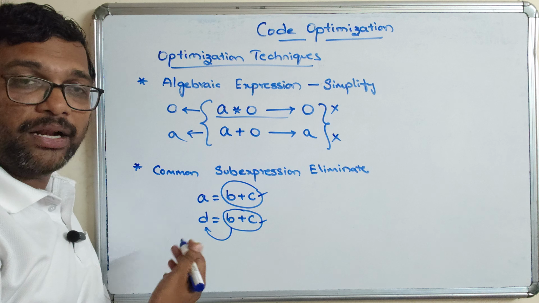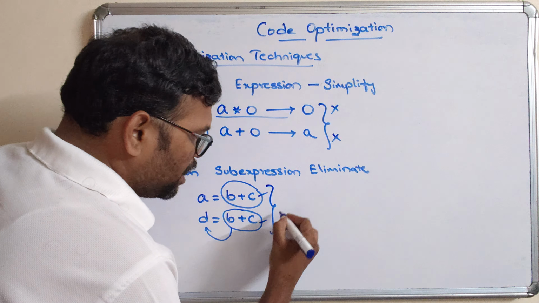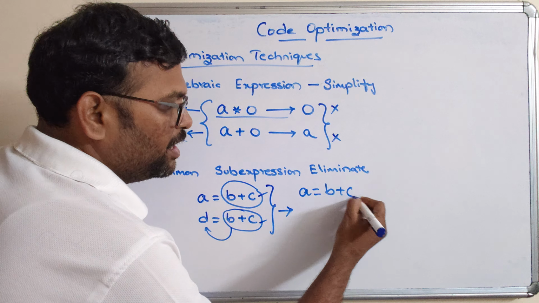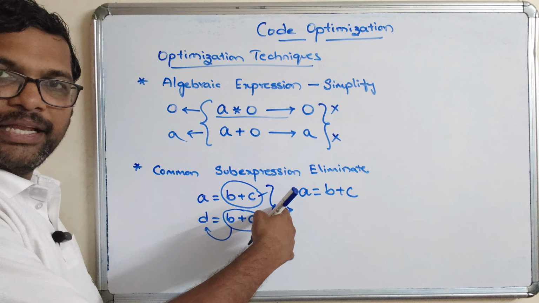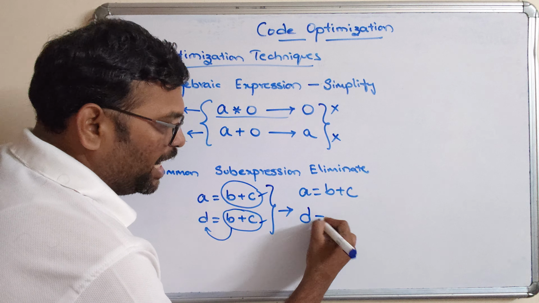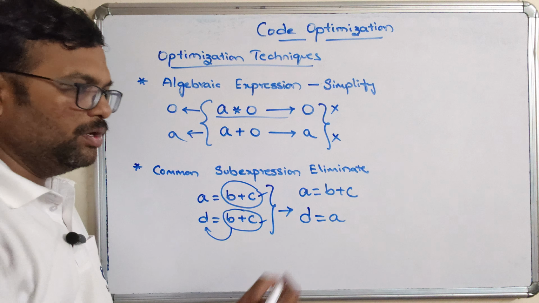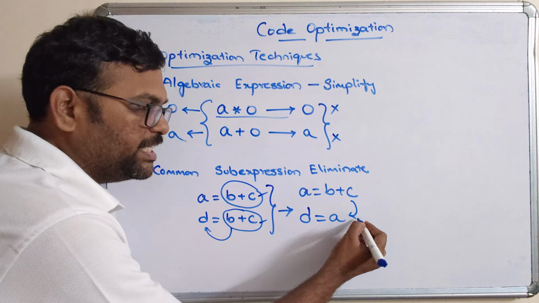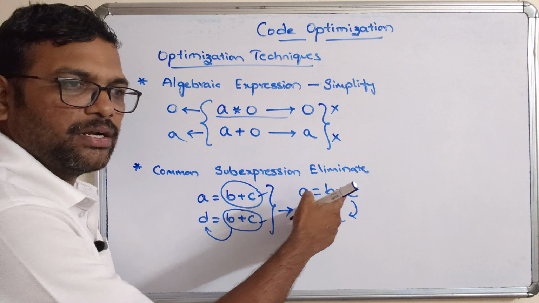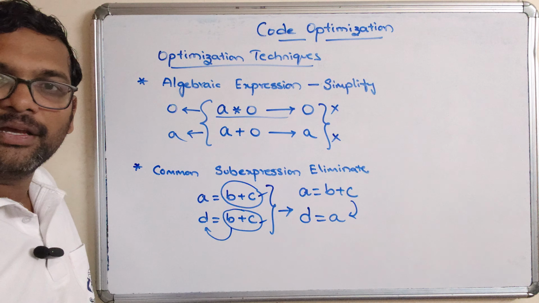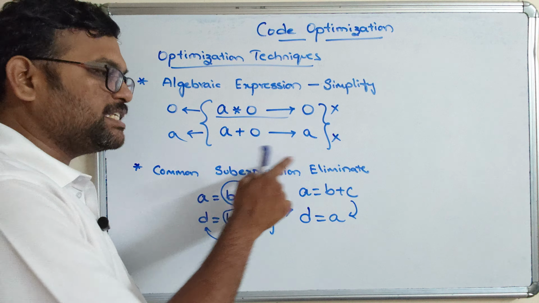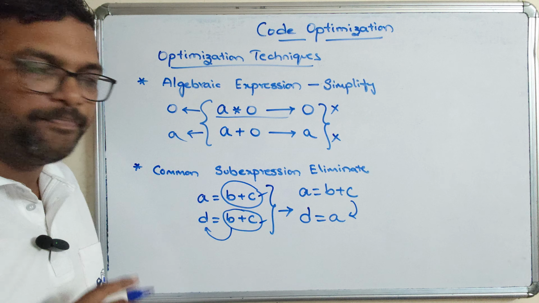We are computing the same thing. Instead, we can compute b + c only once and store the result in a, and then store the a value in d. Instead of recomputing b + c, we can use the variable that stores the result of b + c. So these kinds of things we can eliminate. Common subexpressions can be eliminated.